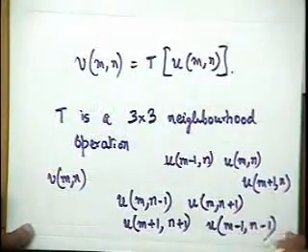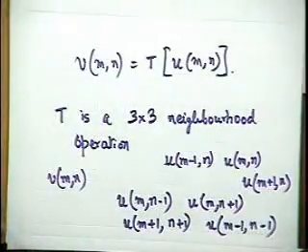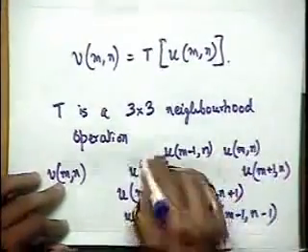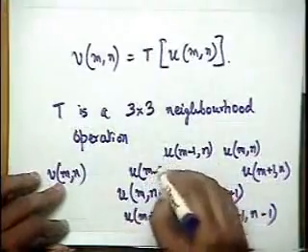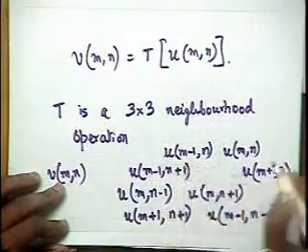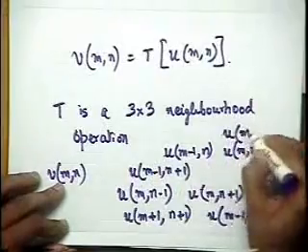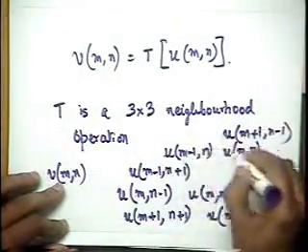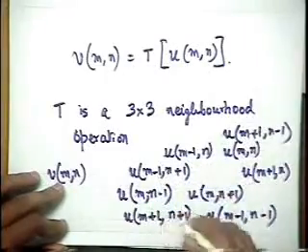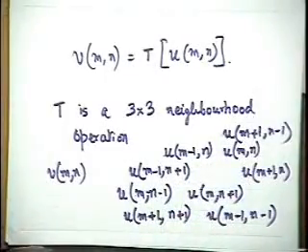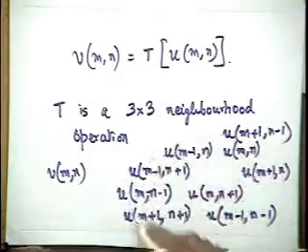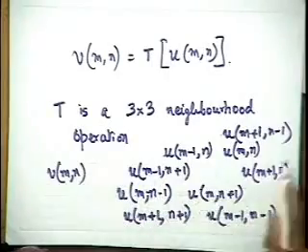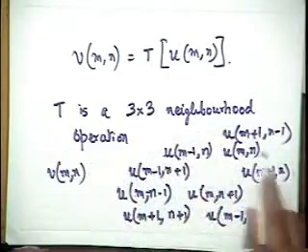Anything else? Obviously, I did not yet consider U of m minus 1, n plus 1 and U of m plus 1, n minus 1. So that is 1, 2, 3, 4, 5, 6, 7, 8, 9. There are 9 pixels, and the value of Vmn is dependent upon the intensity values of all the 9 pixels.